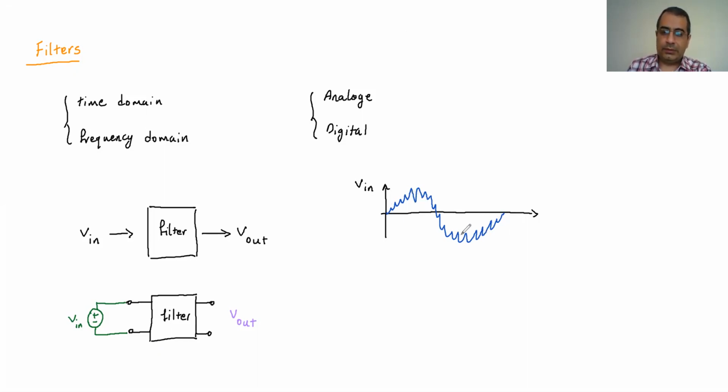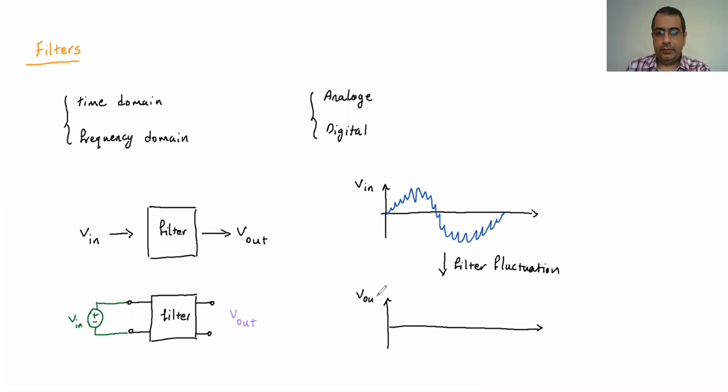Assume I don't want this fluctuation, so if I send it through the filter and filter the fluctuation, what I'm going to get at the filter output is going to be something like that.